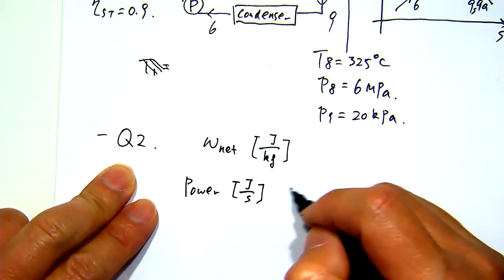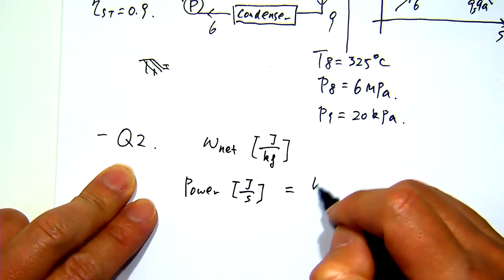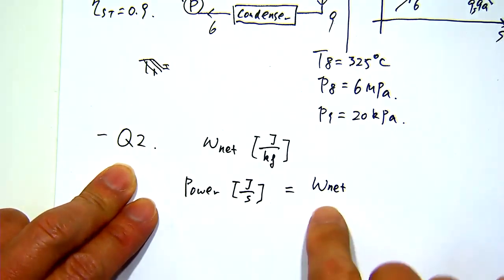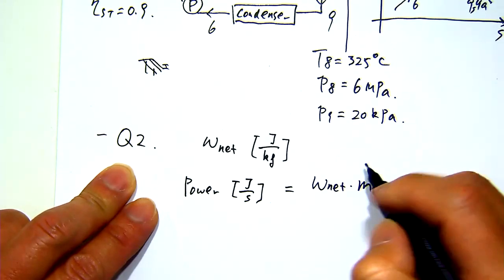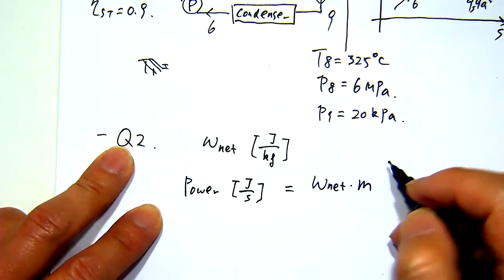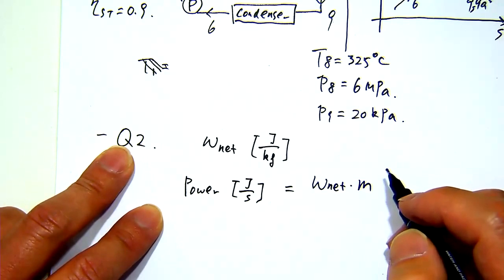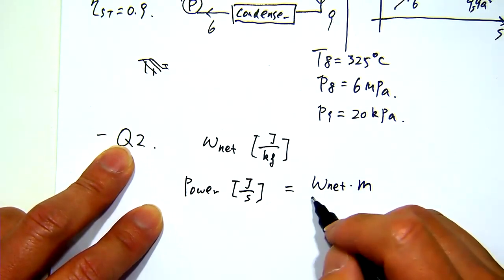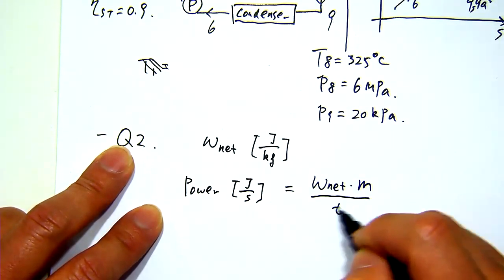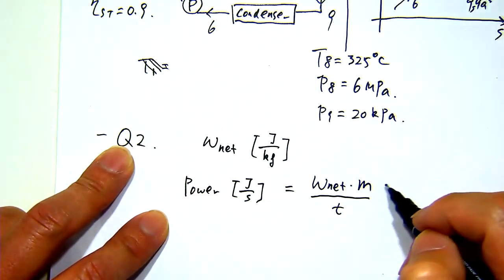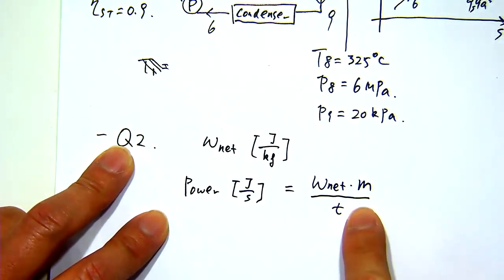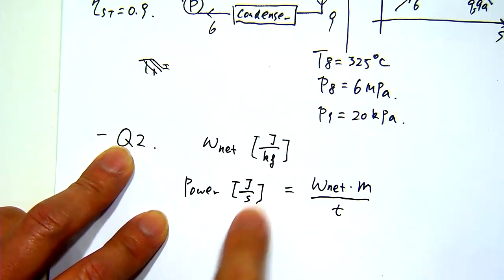That can be converted in terms of the mass-specific work times the total mass of your working fluid, and then divided by time. So this one is a kilogram, this one is a second, then you can get this value, right?